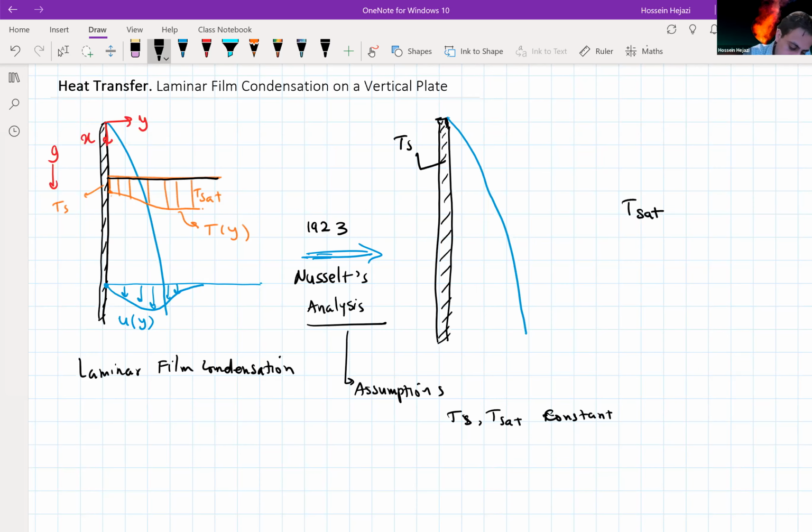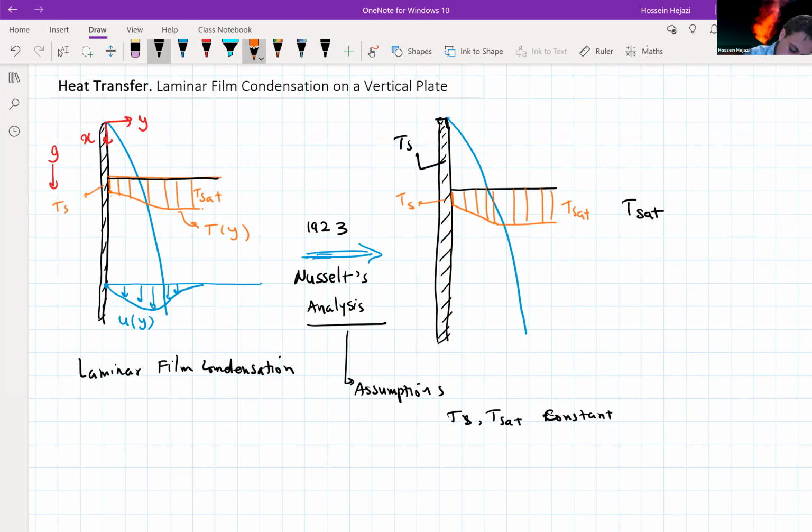The other thing that he was assuming was that the temperature would rise linearly. We have this temperature profile, and the way he was assuming it, what we would have is a constant temperature of Tsat, and then a linear rise of the temperature here. So let's say this is Tsat, Ts, and there is this linear profile till we reach Tsat.